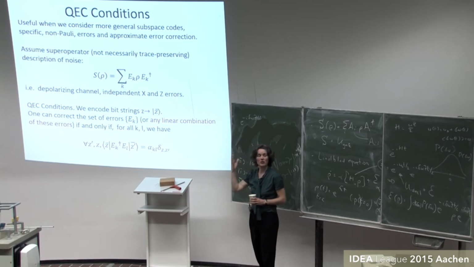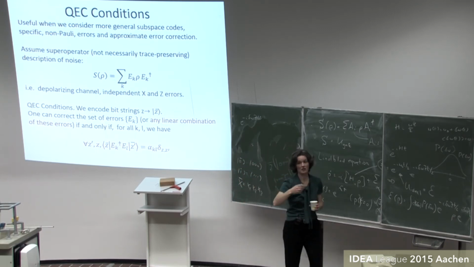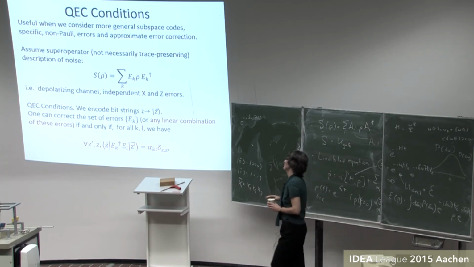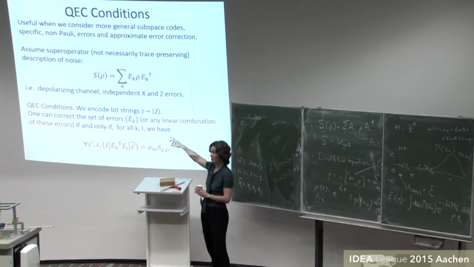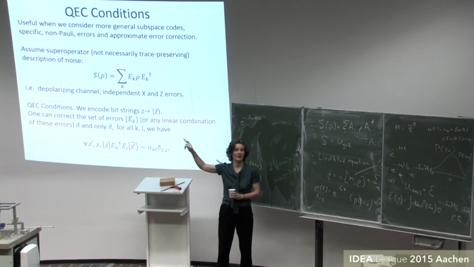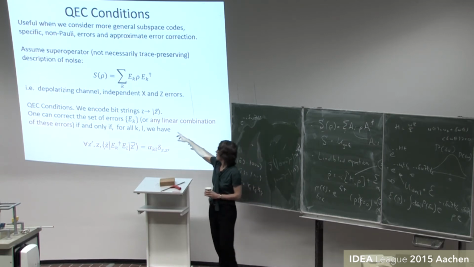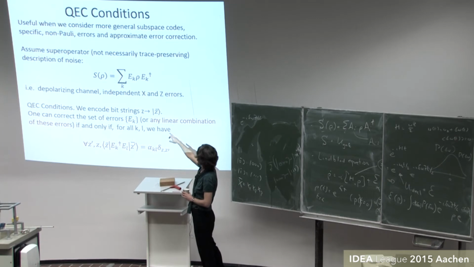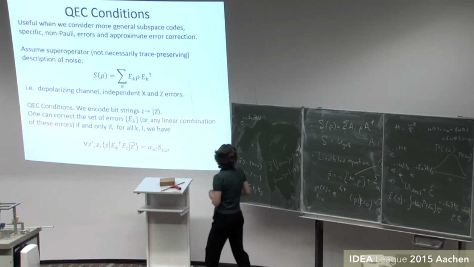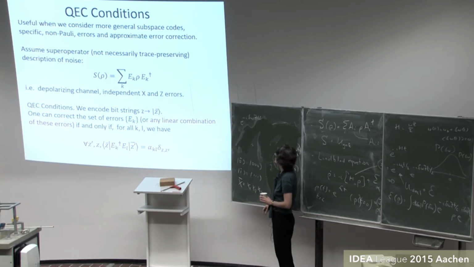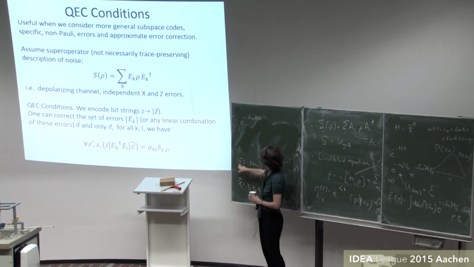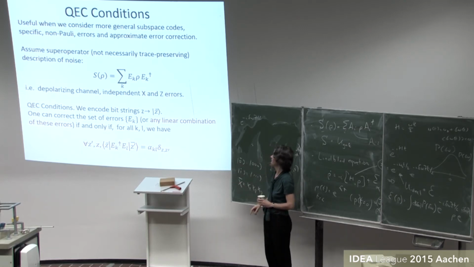In that n qubit space, I've specified some code space. I have taken some k bit strings, maybe k is 1, and I have mapped them onto encoded bit strings. So in this case, my n is 3, and I encode 1 bit. So this is z is 0 and z is 1.